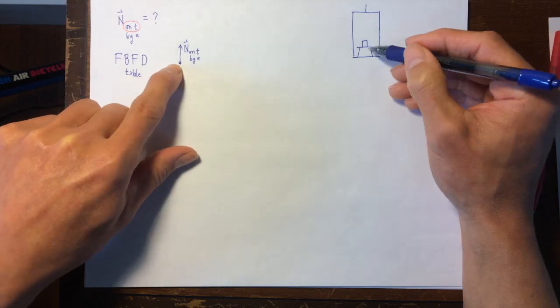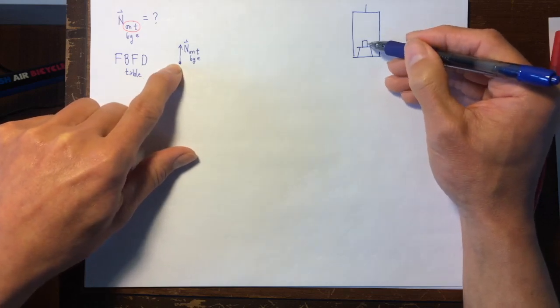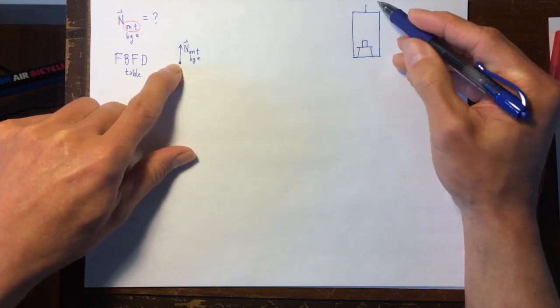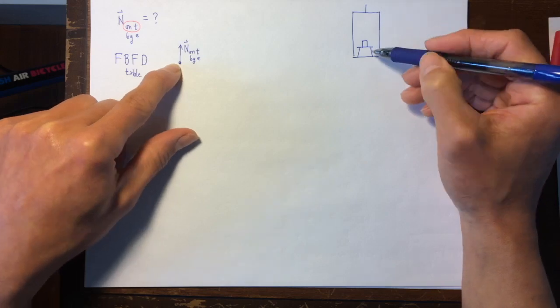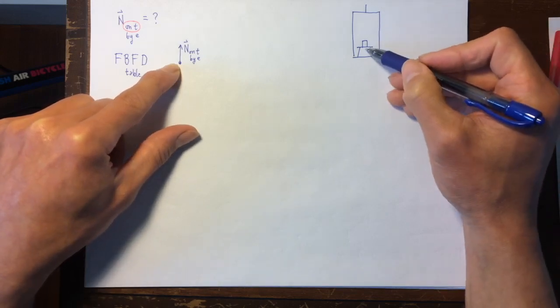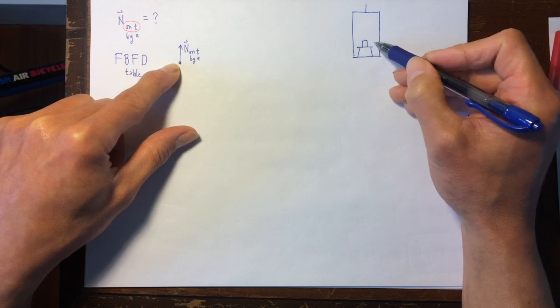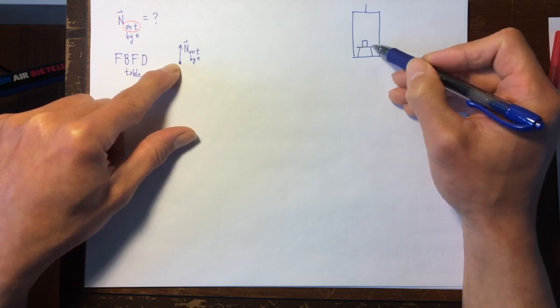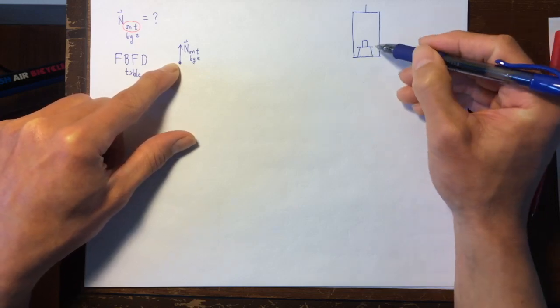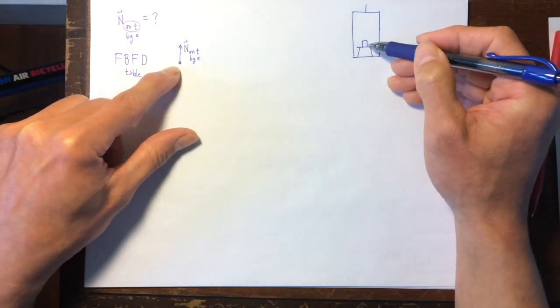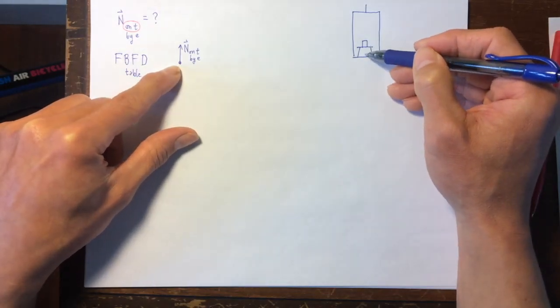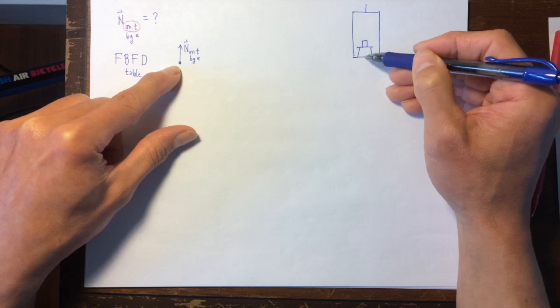But on the table, the box is sitting on the table. And if you think about it, if the elevator really accelerated upward quickly, that box would press so hard down on the table that it might bend the table, or the table could break. So I know that there is a force downwards on the table because the box is pushing down on it.